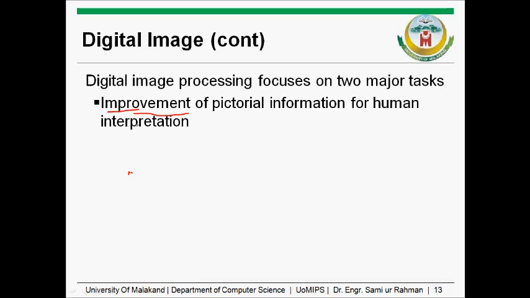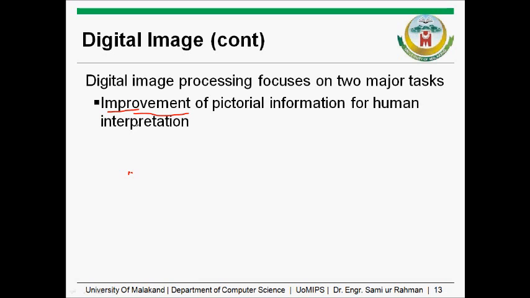If you take images from the moon or sun or from Mars, you cannot take good quality images, because if you want to receive images from Mars, then you need a high bandwidth channel, but that takes too much time and too many resources.